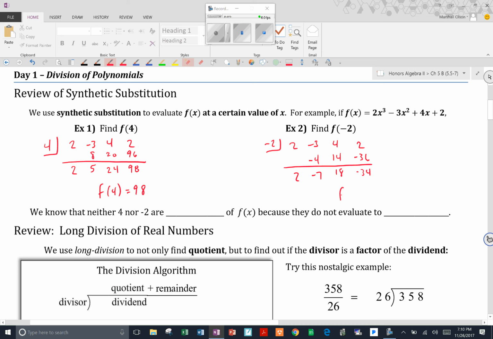So we know that f of negative 2 is negative 34. Because we did not get 0 when we put those values in, either one of them, we know that neither 4 nor negative 2 are zeros of the function because they do not evaluate to 0 at the end. So we're going to see how that relates to what we're doing here in a second.